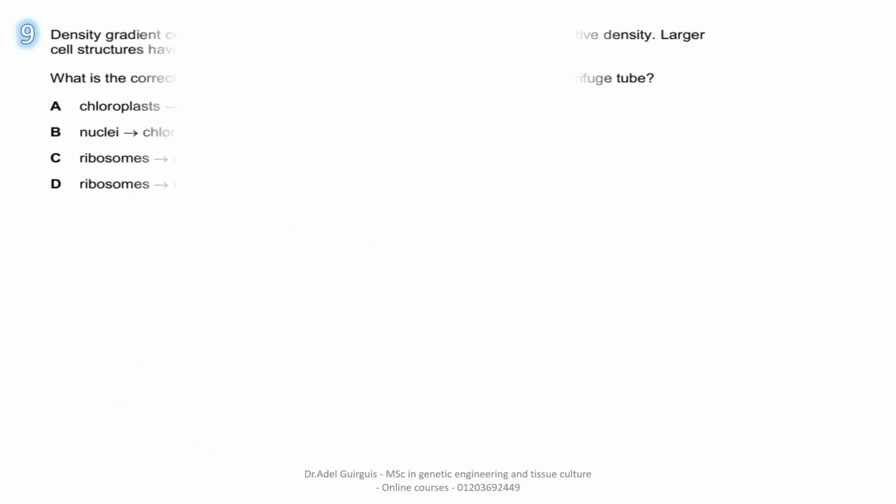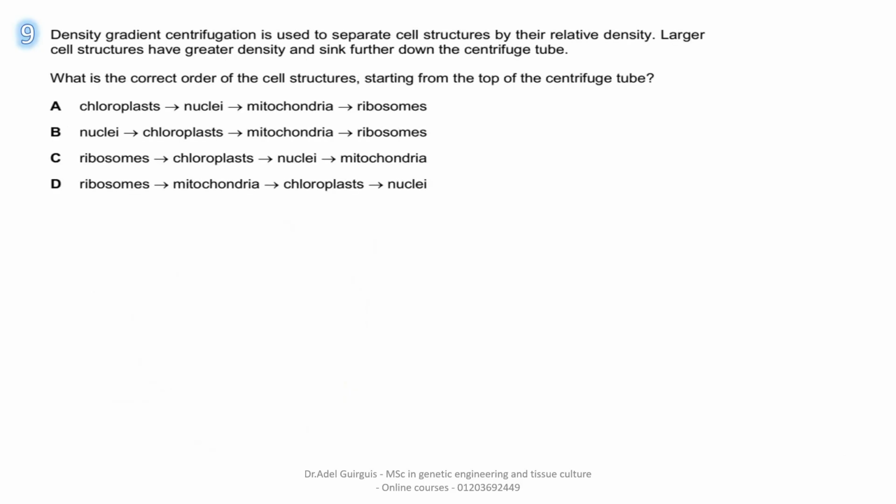Now, number 9. Density gradient centrifugation is used to separate cell structures by their relative density. Larger cell structures have greater density and sink further down the centrifuge tube. What is the correct order of the cell structures starting from the top of the centrifuge tube? Look, firstly, we have to start the sequence from the top of the centrifuge tube.